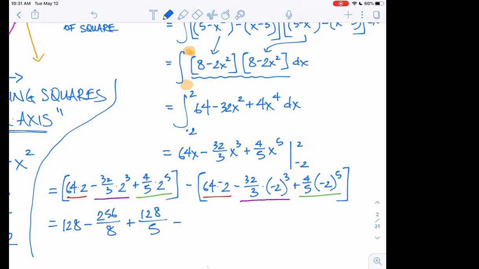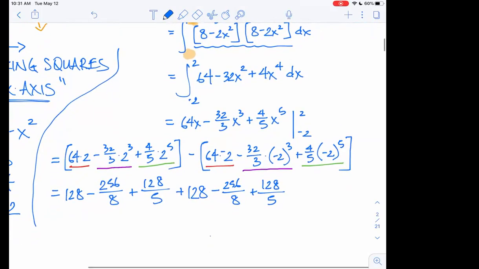Minus a negative 128, so that'll be plus 128. And this is going to be minus 256 over 3. And this will be a plus 128 over 5. And so now I'm going to combine my 128s. That'll give me 256.